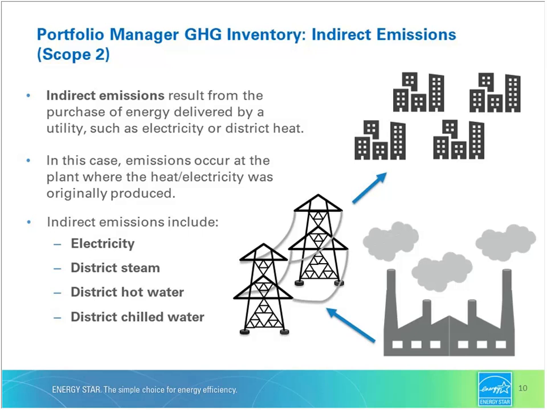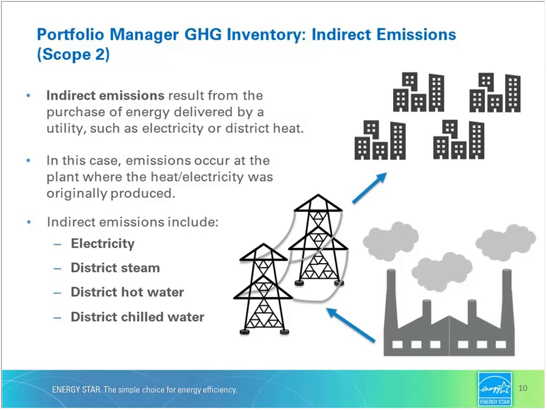Therefore, these emissions factors have to account for the emissions associated with the power generation. I will note that any emissions associated with energy losses from transmission and distribution are attributed to the utility and not to your building.